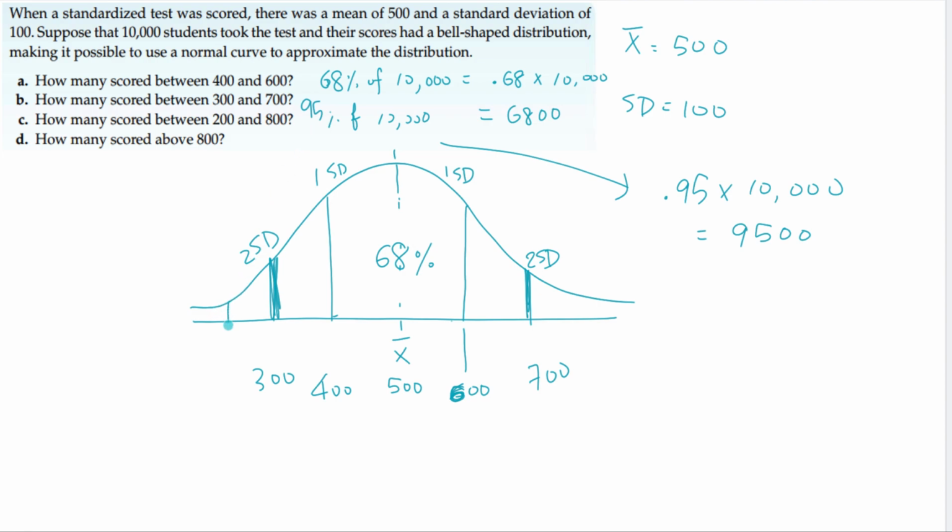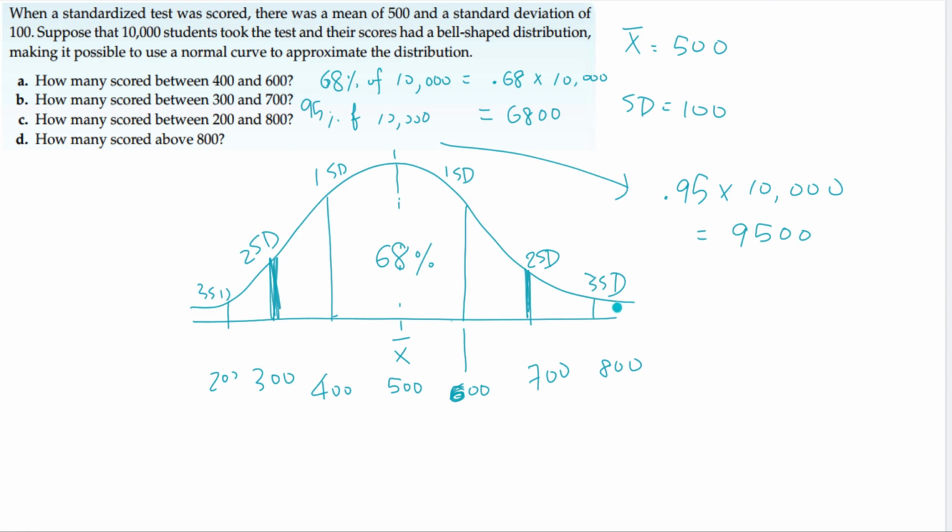We get to know 200 and 800 is 3 standard deviations, right? Because 1 standard deviation is 100. 3 standard deviations is 3 times the standard deviation, so 3 times 100, which is 300.